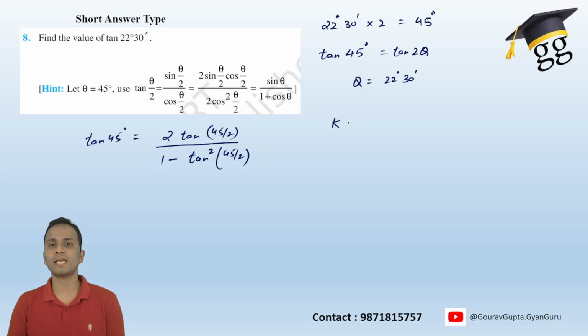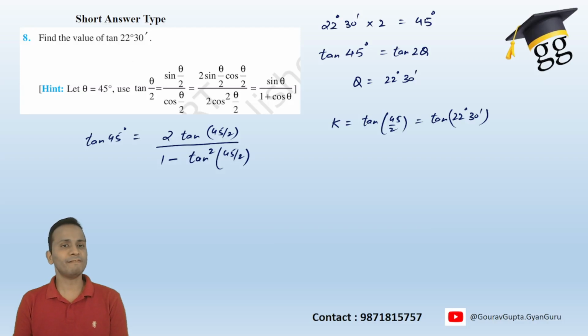So I'll do the substitution, k as tan 45 by 2, which is equal to tan 22 degrees 30 minutes, which I actually require. Now the value of tan 45 on the left hand side is 1. So 1 is equal to 2k upon 1 minus k square.